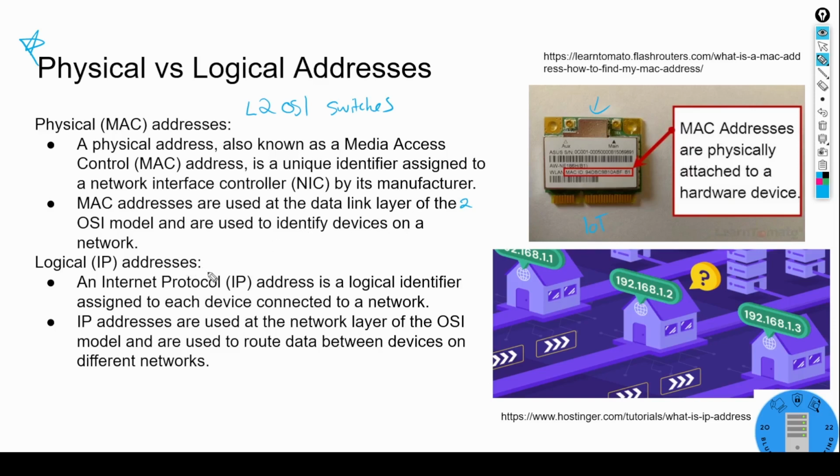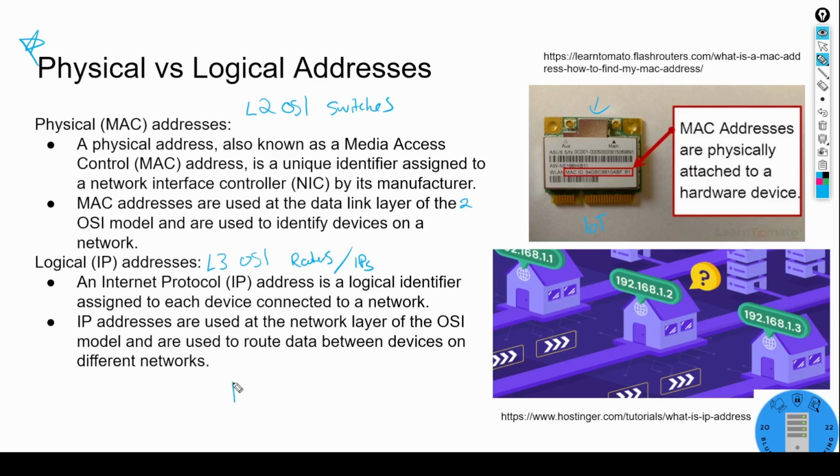When we move into a logical address, we're always going to associate IP. So we're thinking layer 3 of the OSI model, and we're thinking routers, and we're thinking IPs. An internet protocol address is a logical identifier assigned to each device connected to a network. IP addresses are used on the network layer of the OSI model and used to route data between devices on different networks.